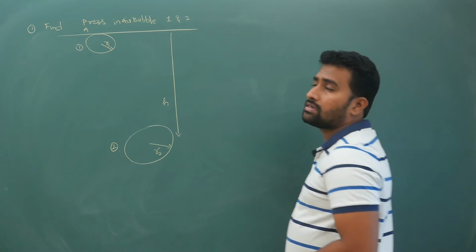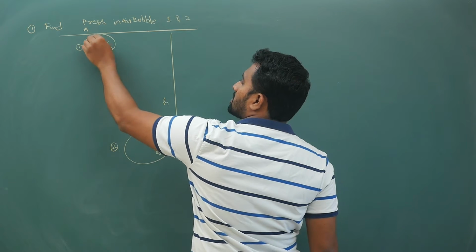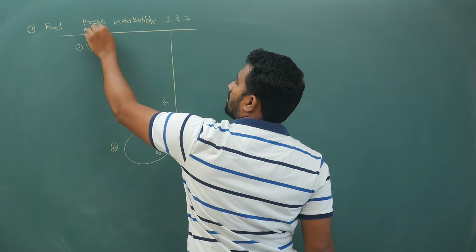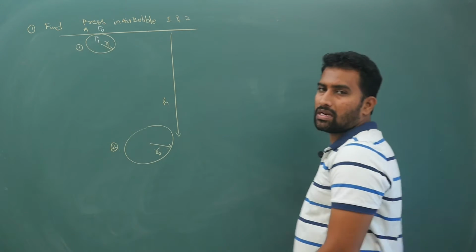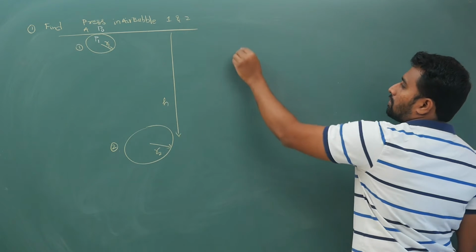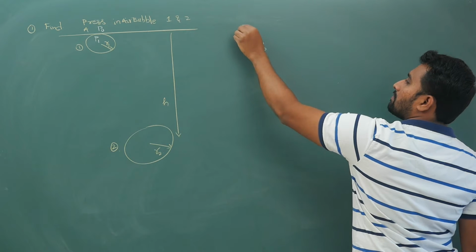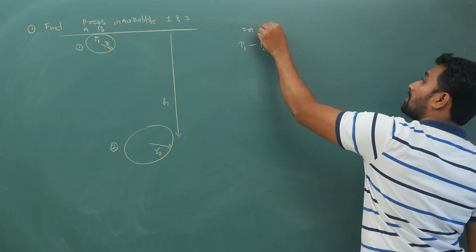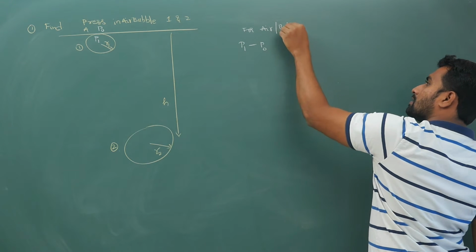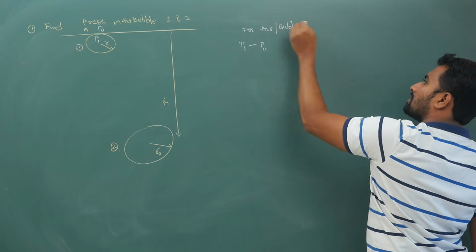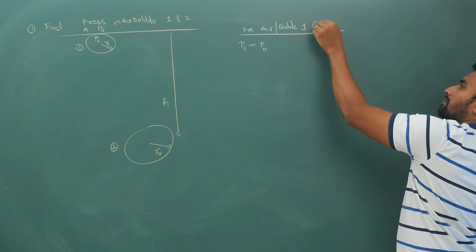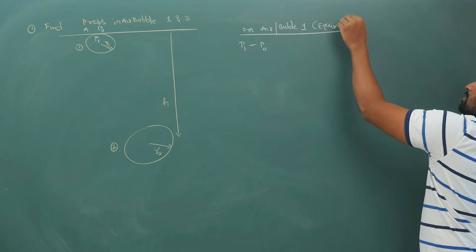For the first bit, if you take pressure as P1, the outside atmospheric pressure will be P0. So P1 minus P0, for bubble 1, air bubble. Remember I told you it is equivalent to a drop.